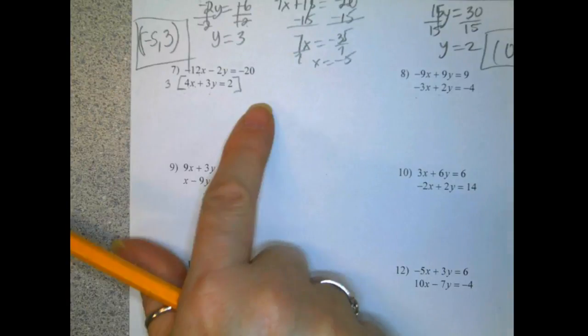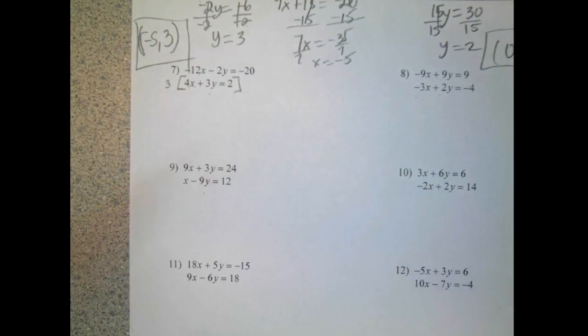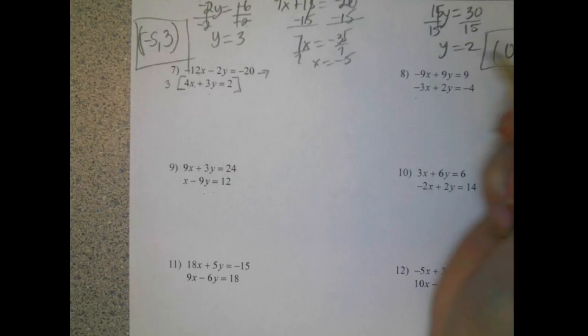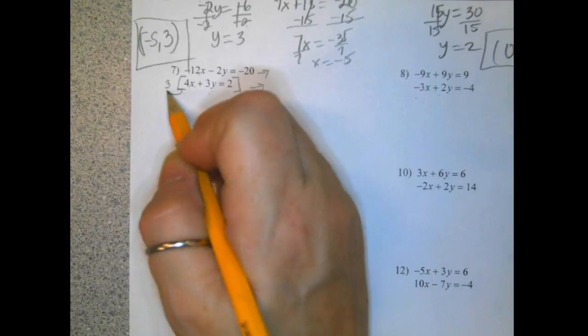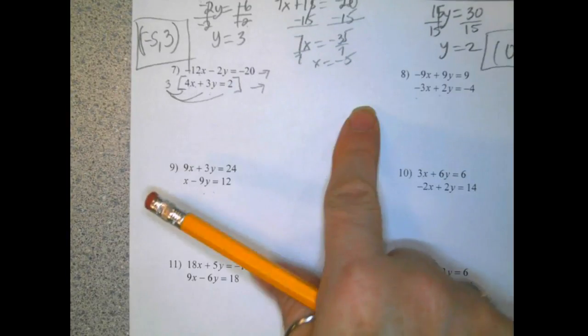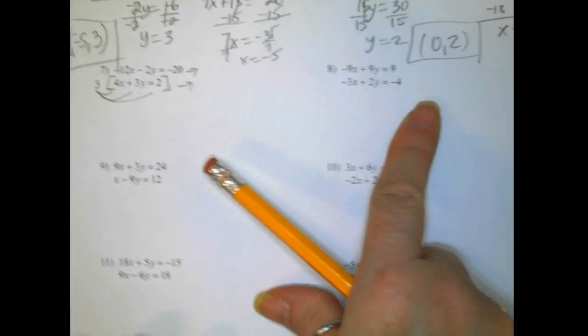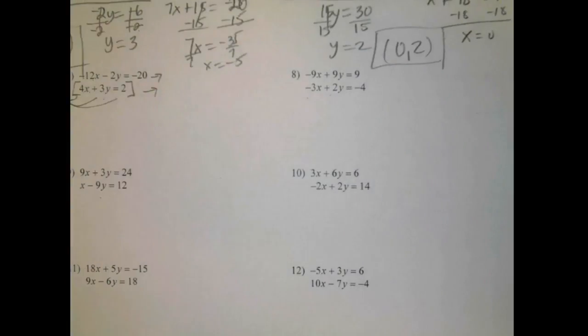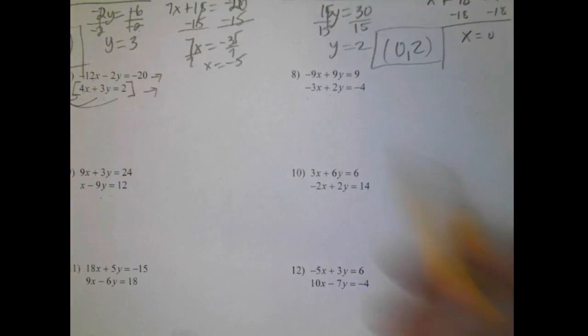So I'm going to end up multiplying this row to get this answer, which means that I'm going to move this guy over, and I'm going to multiply everything and get my new equation. Let's look at 8. What do I need to multiply? The bottom one?